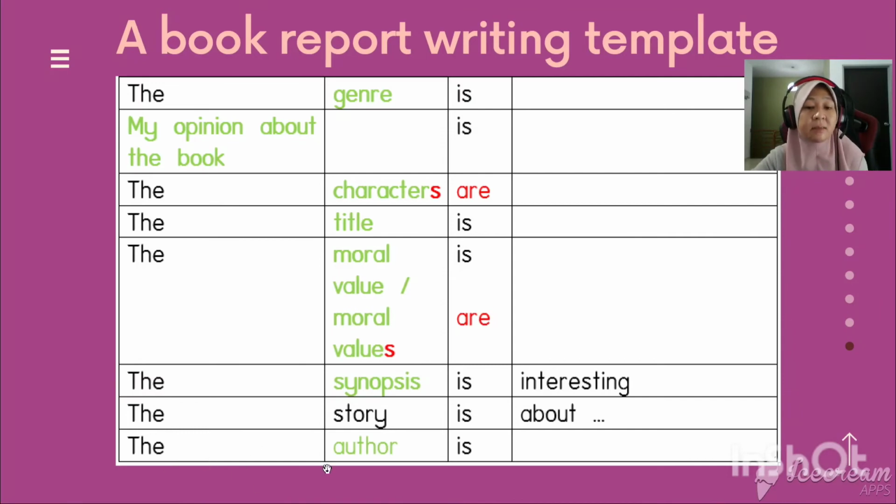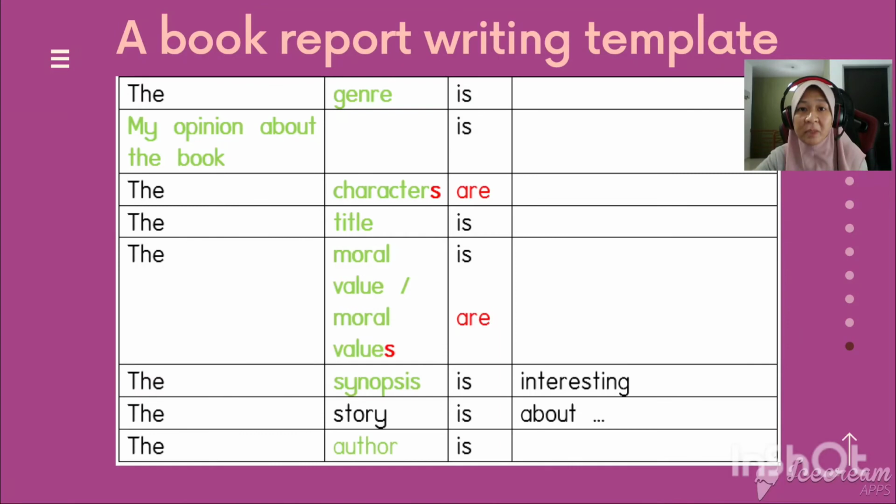Last one is author. How are you going to write a sentence about author? The author is, then you write the name of the author here. Okay, please remember that when you write the title of the book and the author of the book, please write by using the correct punctuation.